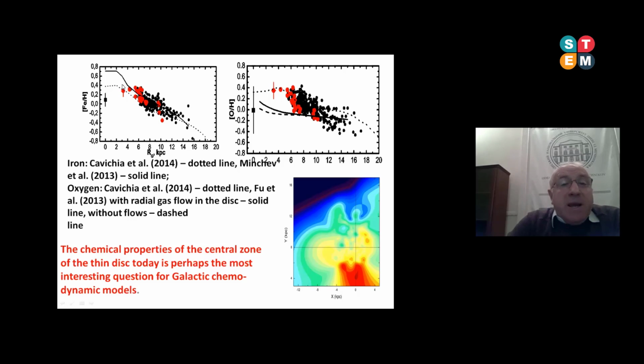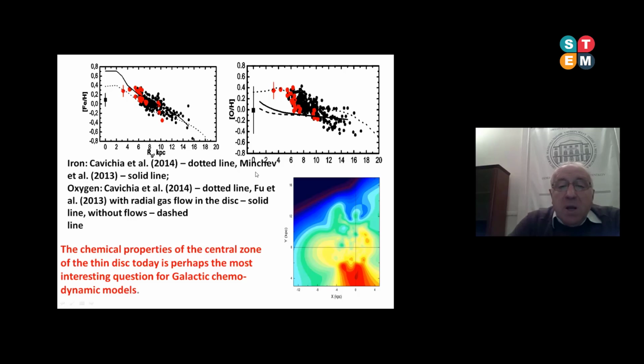Then we have some kind of plateau, and then a drop with a positive gradient toward the galactic center. At the galactic center, metallicity is practically the same as in the vicinity of our Sun here, at 8 kiloparsecs. You see, it's very strange. Very strange.